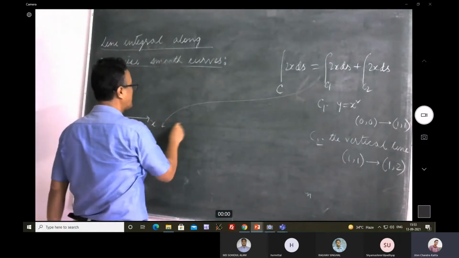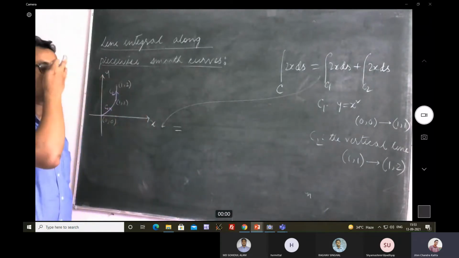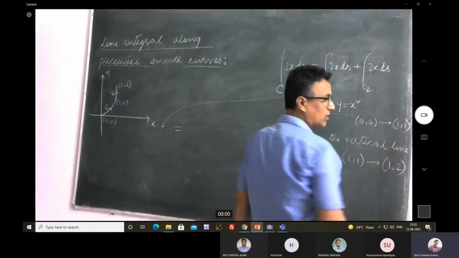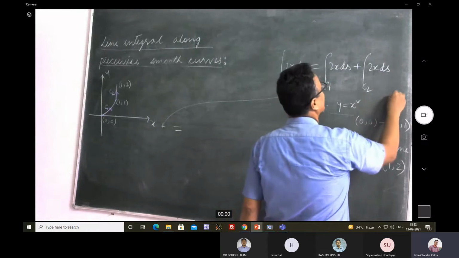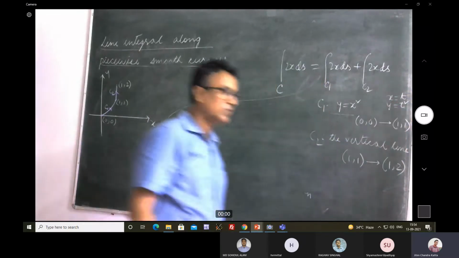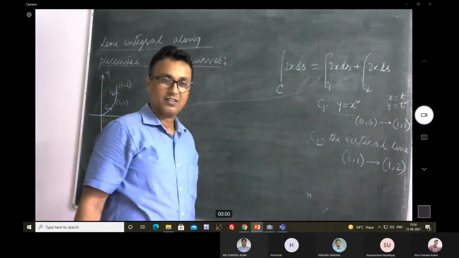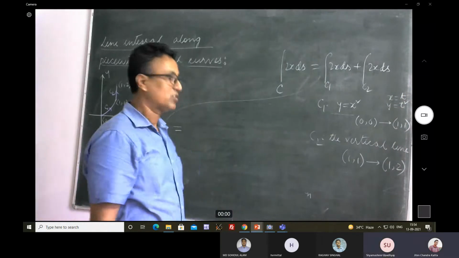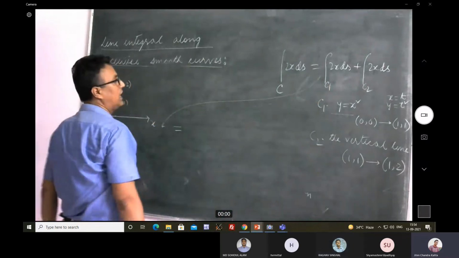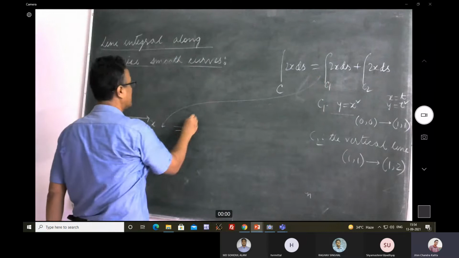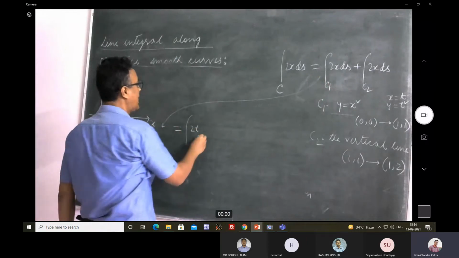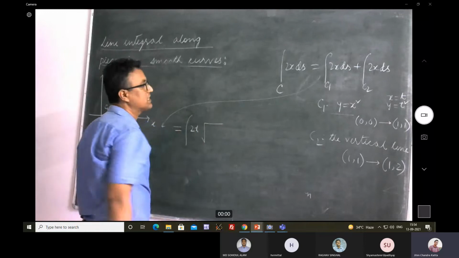Now it is all about parameterizing the curves. If I look at this curve, I can simply plug in x equal to t, so that y equal to t squared. That is my parameterization. So in the first integral, this is 2 times t, and then the square root of dx/dt whole square plus dy/dt whole square.